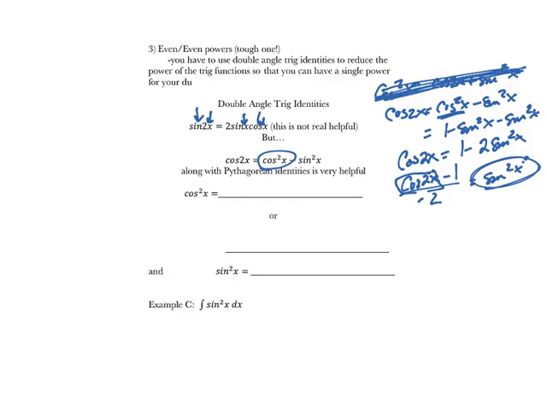Now, I will say that that's kind of an ugly format, so let's say that sine squared x equals, let's distribute the negative up top, so that would be 1 minus cosine 2x over 2. So sine squared x is 1 minus cosine 2x over 2.